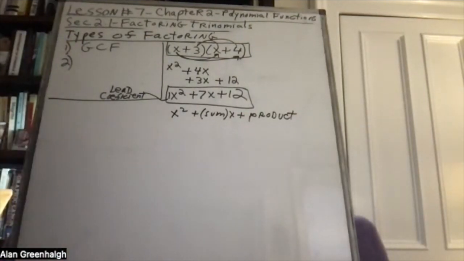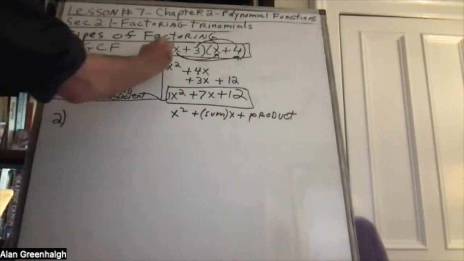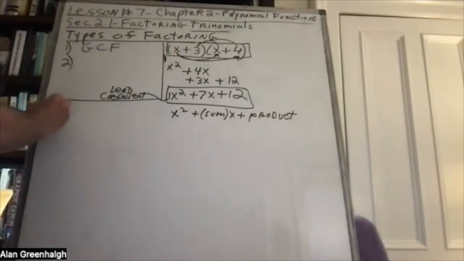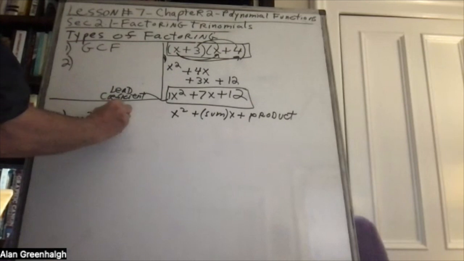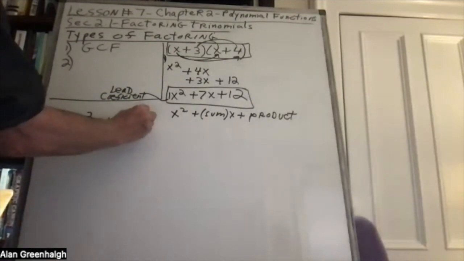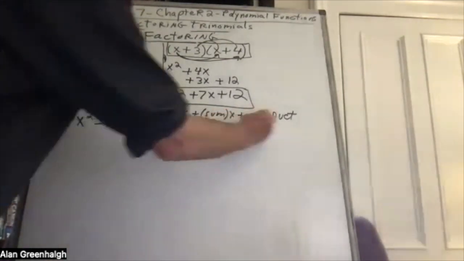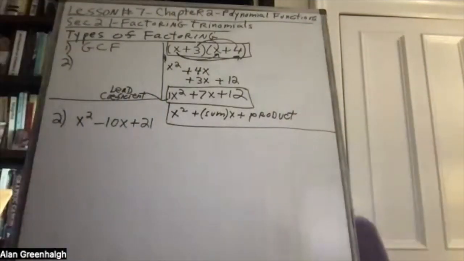For example, let's now go backwards, and here is, this will be problem 1, this will be problem 2. Here's x squared minus 10x plus 21. Okay, so I'd like you to look at this and see if you could factor it.